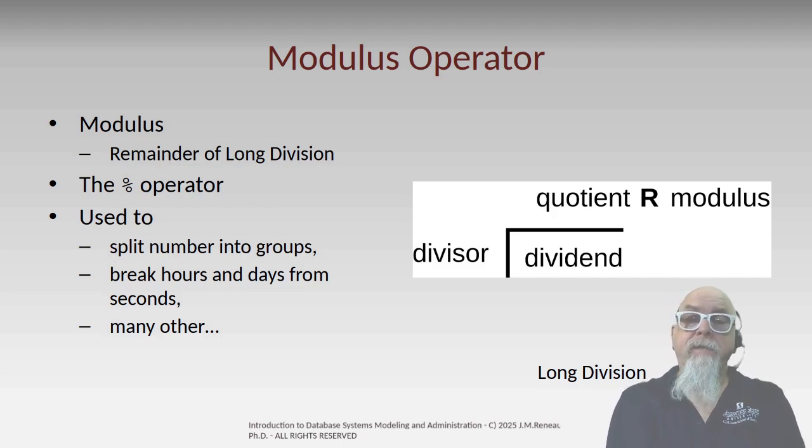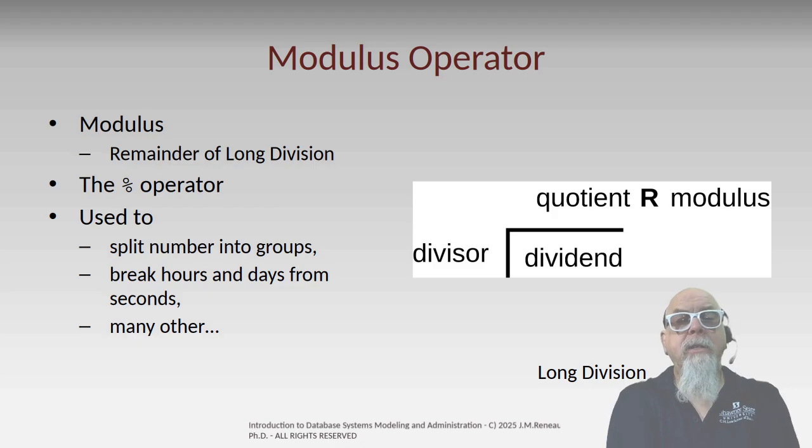So 6 divided by 5 is 1 remainder 1, so the answer would be 1. 7 divided by 5 would be 1 remainder 2, so the answer would be 2. 10 divided by 5 would be 2 remainder 0, so the modulus would be 0. So it returns the remainder of long division.